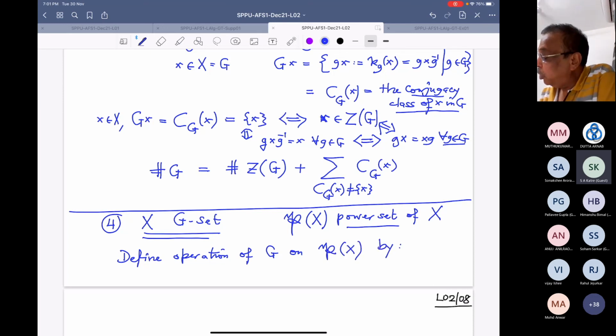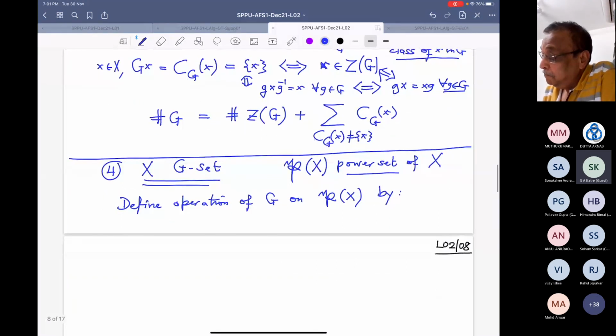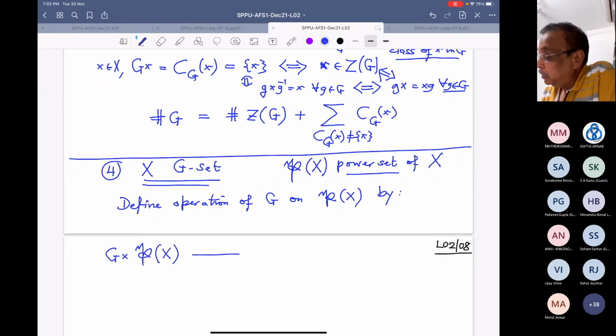I have to give you the operation map and check that it satisfies property 1 and property 2. So I should give you a map from G cross power set of X to the power set of X. I should tell you where g comma some subset Y goes.